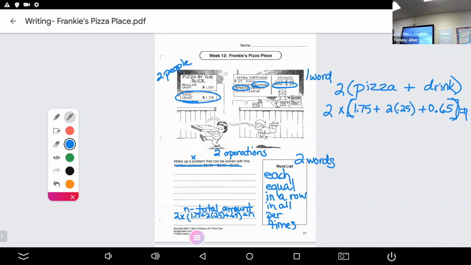Now let's solve our equation. 2 times, we need to do this, right? $1.75 plus, what's 2 times a quarter? 50 cents. 50 cents plus 65 cents equals N. Well, we can add these three things together, can't we? $1.75, 50 cents, and 65 cents.